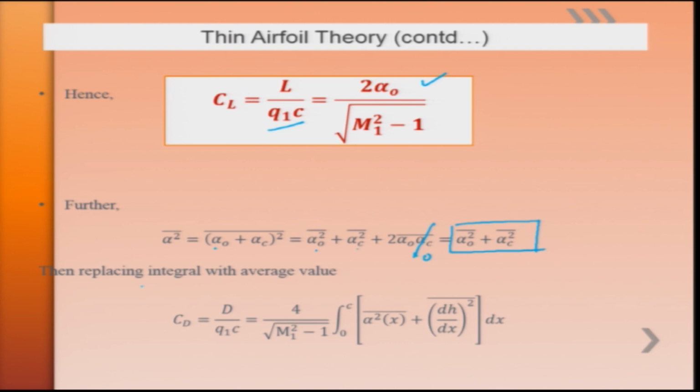Now, replacing the local values with their average values, I can obtain the drag coefficient as D upon q1 c is 1 over square root of M1 square minus 1, integral from 0 to c of alpha x square averaged plus dh by dx whole square averaged, into dx.